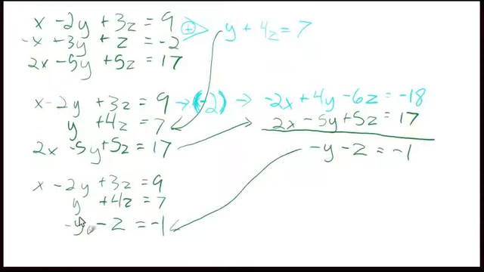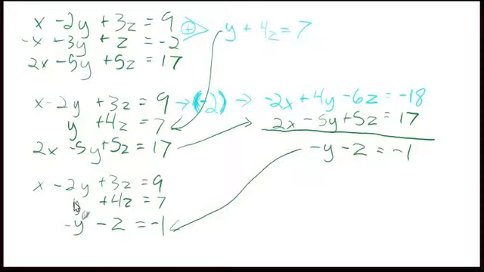So make sure that you do this in a nice order where you get rid of the x's, which we've done, and then you're going to get rid of this y with this equation, because now this is basically a system of two equations, right? And if I had the system of two equations, I would cancel out these y's. I wouldn't come in with this equation that has three variables and try to work with it. Okay.